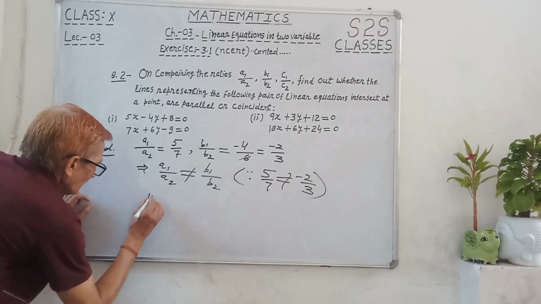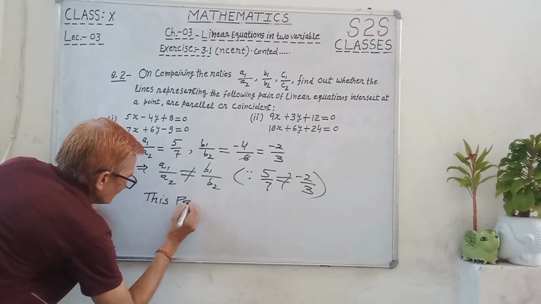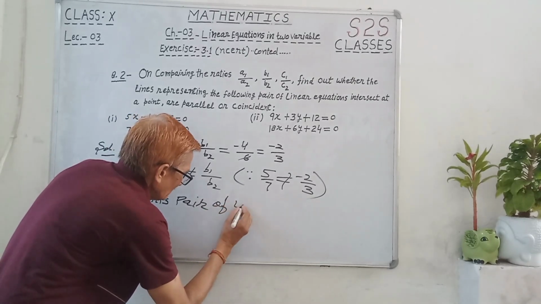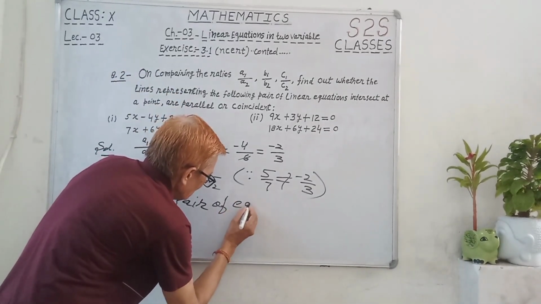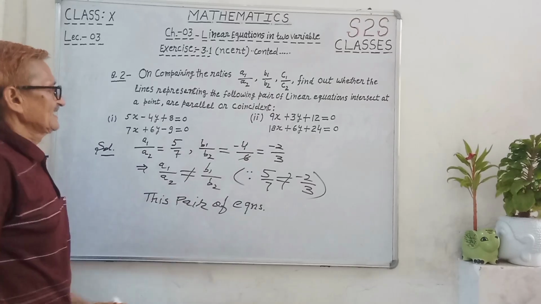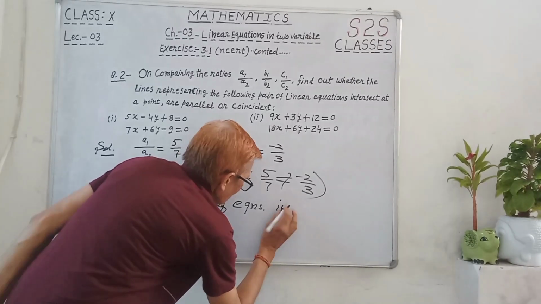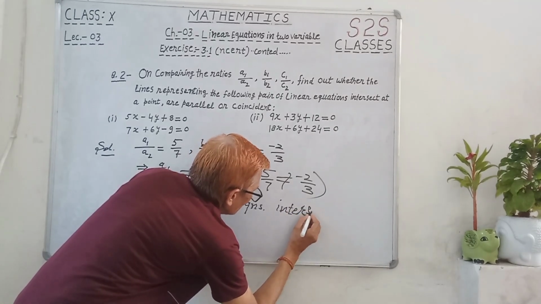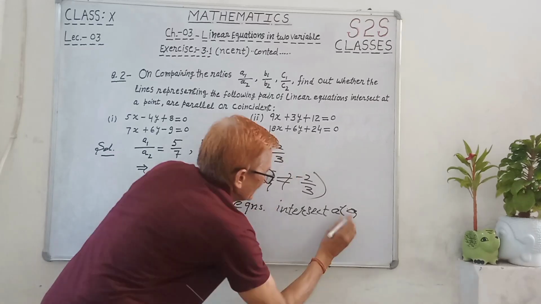So we have to say this pair of equations represents intersecting lines, they intersect at a point.